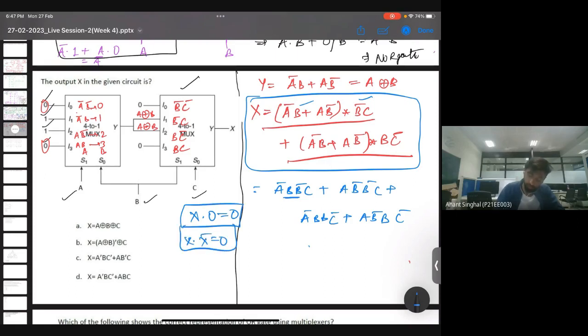So using these two properties, this will get 0 and maybe this will get 0. So ultimately, x into x is nothing but x. So b bar will be a single b bar, a b bar c plus a bar b c, a bar b c bar, and then yeah. So the correct answer is option C here.